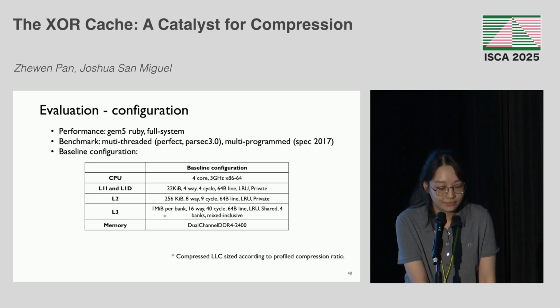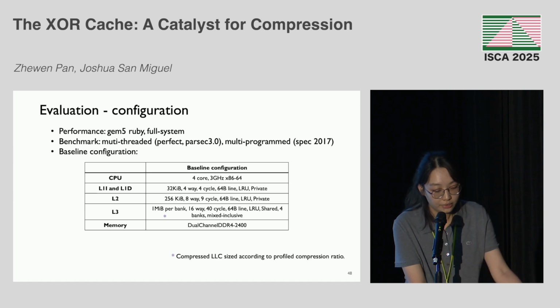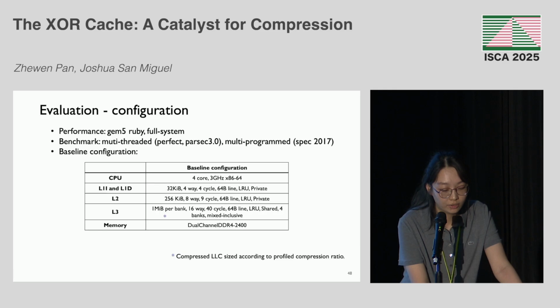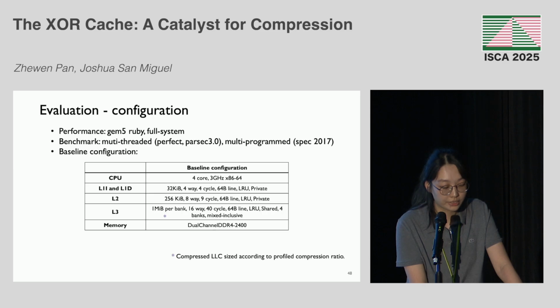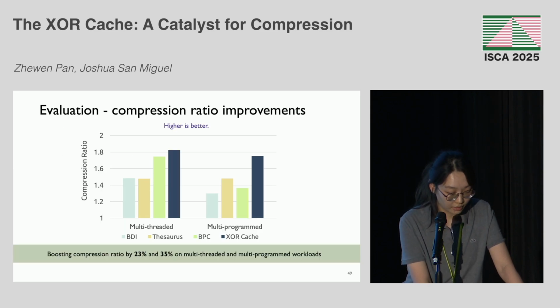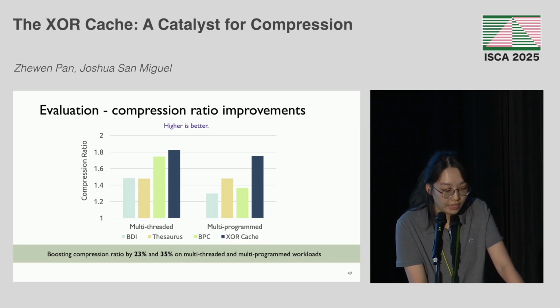Here's a quick rundown of XOR cache evaluation. We use the gem5 Ruby model to run full system simulation of multi-threaded and multi-programmed workloads. We simulate a 4-core system with 3-level caches and size our compressed LLC according to the profiled compression ratios. XOR cache boosts compression ratio by 23% and 35% on multi-threaded and multi-programmed workloads.